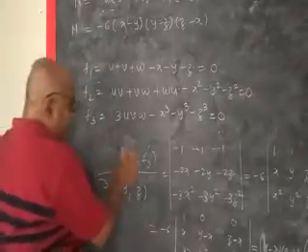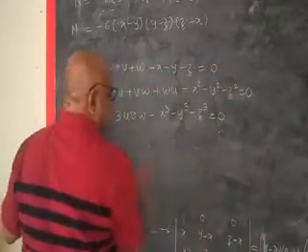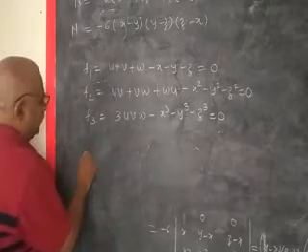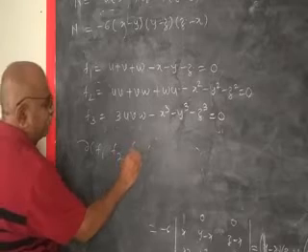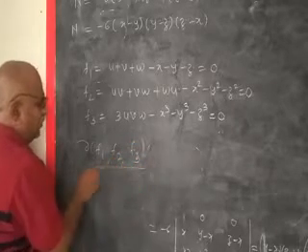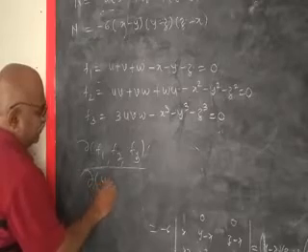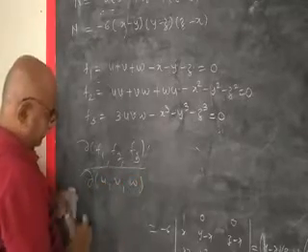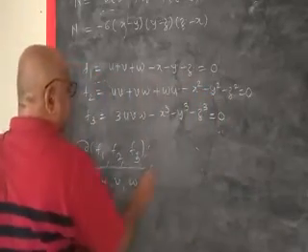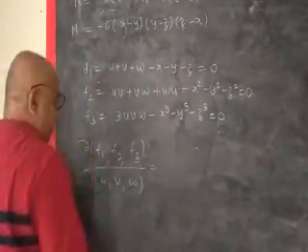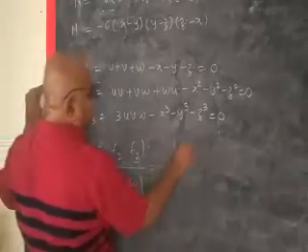For the Jacobian of denominator, what will be that? Therefore Jacobian of f1, f2, f3 with respect to u, v, w equals to f1: 1 1 1.